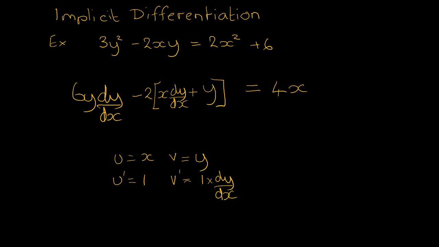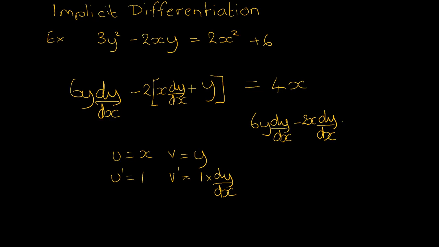So what we now need to do with this is expand and rearrange and factorise so that we can just get dy/dx on its own. So we've got 6y dy/dx minus 2x dy/dx and minus 2y equals 4x. So let's factorise out the dy/dx.